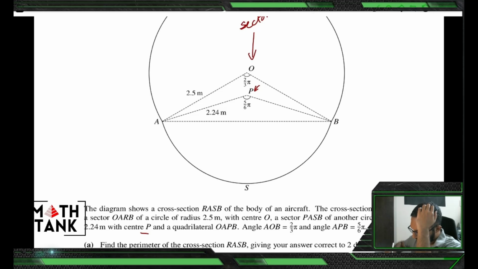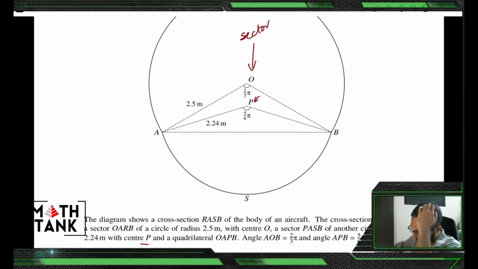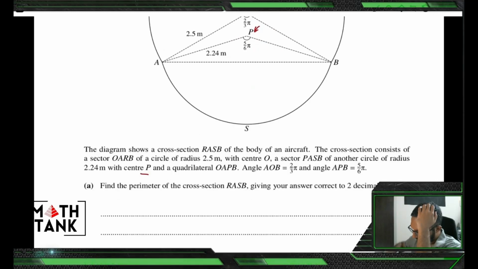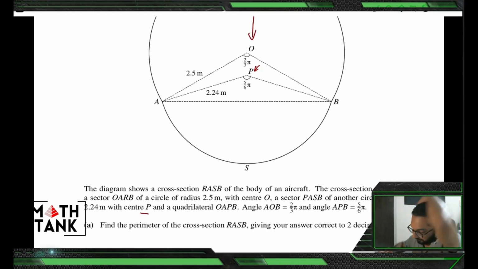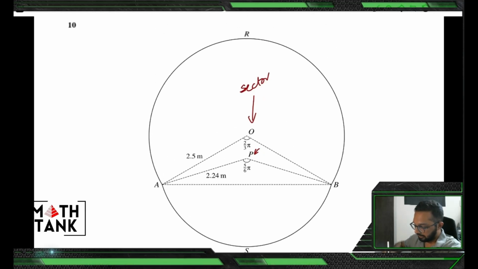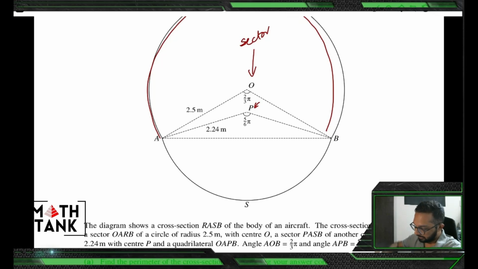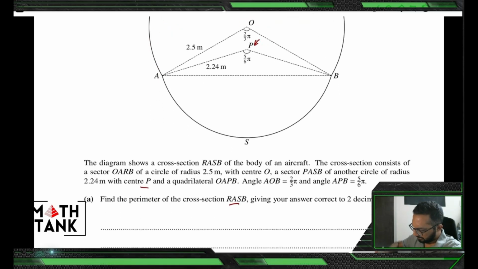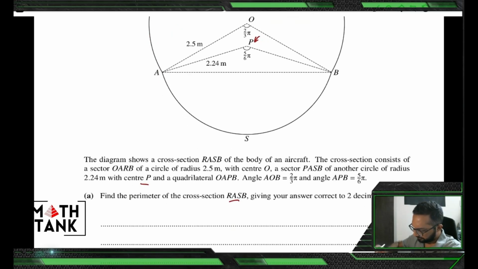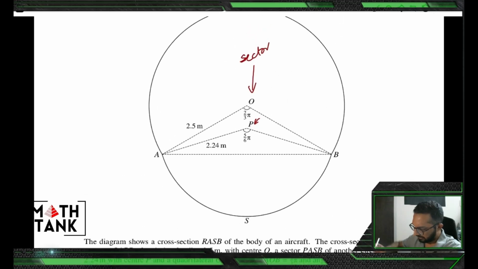Angle AOB is 2 pi over 3 and angle APB equals 5 pi over 6, and a quadrilateral OAPB. Where is OAPB? Okay, sorry. Find the perimeter of the cross section RASB. So I'm asking you to find the entire perimeter of the outer boundaries. I think that's a relatively simple question, giving your answer correct to 2 decimal places.